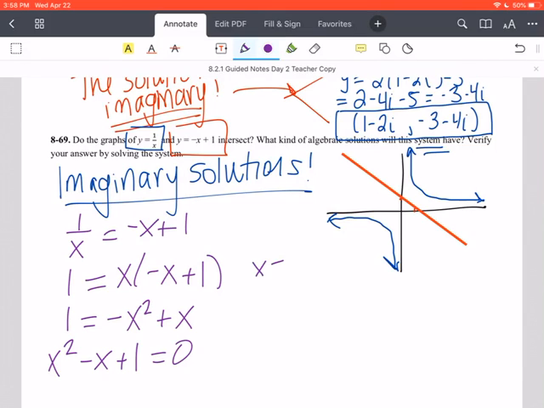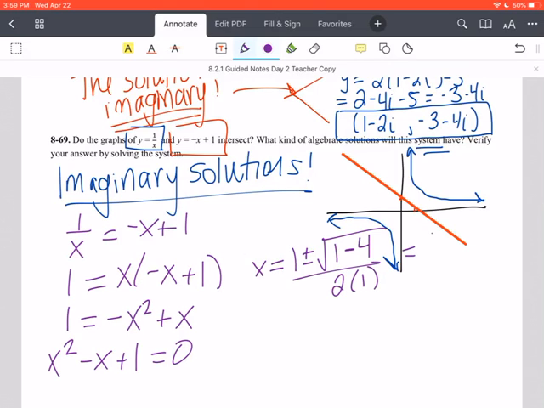Because we're set equal to 0, x equals the opposite of negative 1, which is 1, plus or minus the square root of b squared. So negative 1 squared is 1, minus 4 times 1 is negative 4, over 2 times a, which is 1. I'm just shortening the quadratic formula because it's old news.